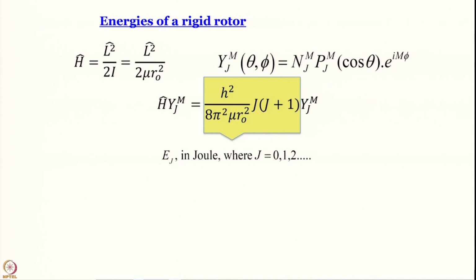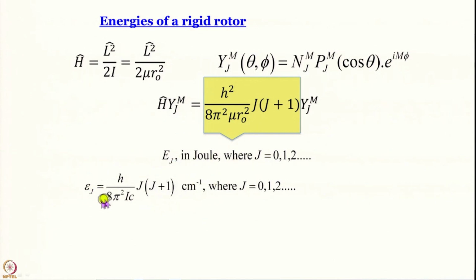So, what do we learn from here? Before going there, this is something that I write essentially because I am a spectroscopist. Generally spectroscopists do not want to work with joule, they prefer centimeter inverse, especially when working on rotational spectroscopy.